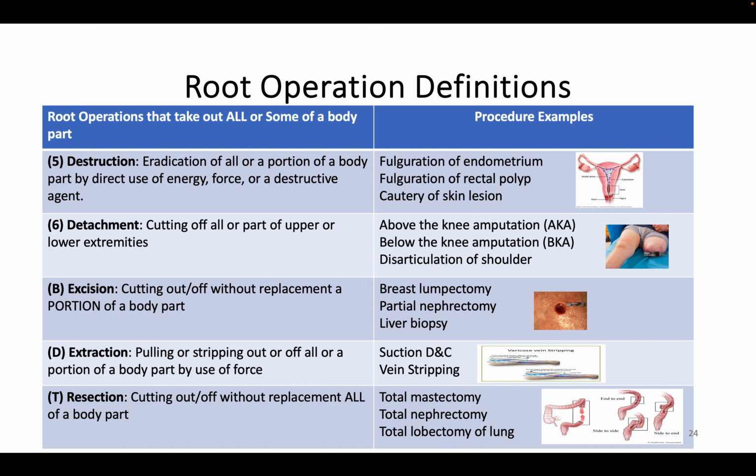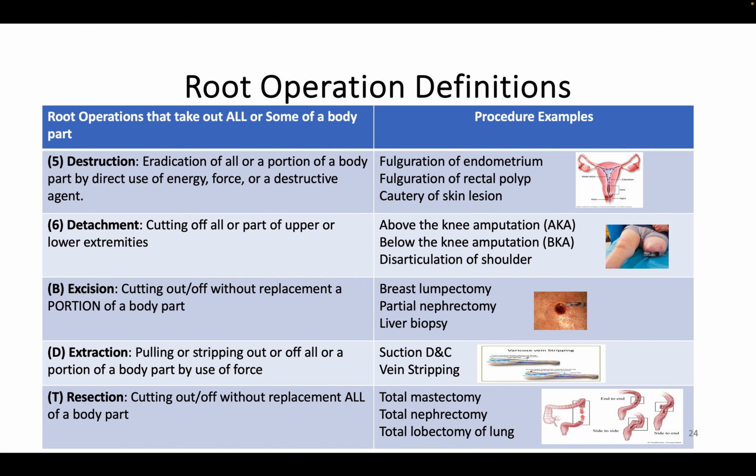Okay. Root operation definitions. The root operations that take out all or some of a body part, there are 5 of them. The first one is destruction. It's noted by 5. It's eradication of all or a portion of a body part by direct use of energy, force, or a destructive agent.